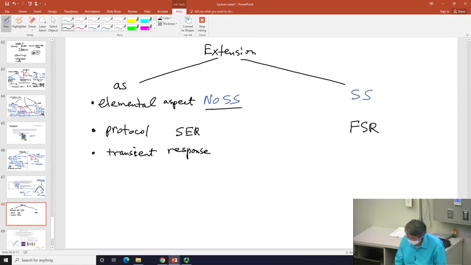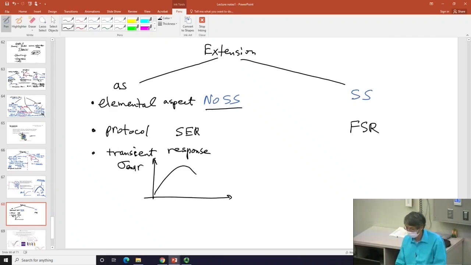Well, the transient response is utterly straightforward, right? You basically have this. If you look at engineering stress. Okay?